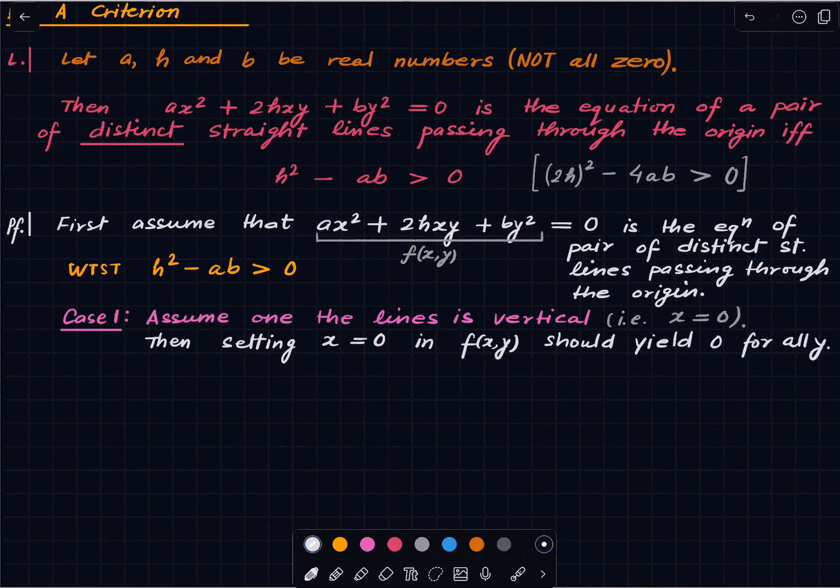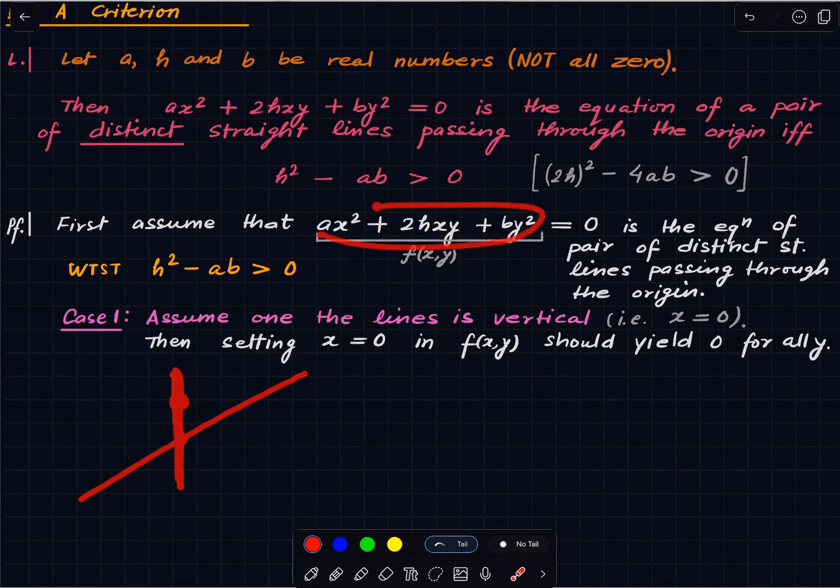Let me explain that a little bit. So what we have is, out of the two lines, and maybe let's say the two lines look like this, one of the lines is this. So every point of this line is in the 0 set of this expression, and every point of that line is in the 0 set of this expression. And precisely these points are in the 0 sets, nothing outside it. That's what it means to say that this is the equation of these two lines. So in particular, every point on this line is in the 0 set of this equation.